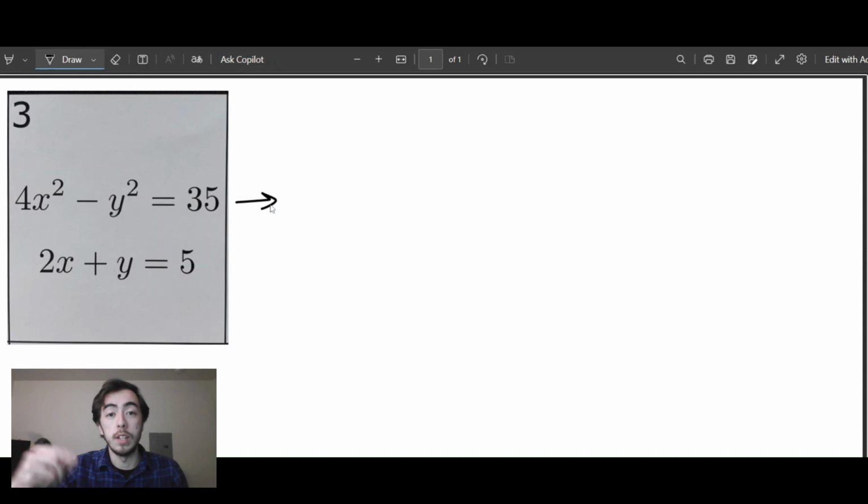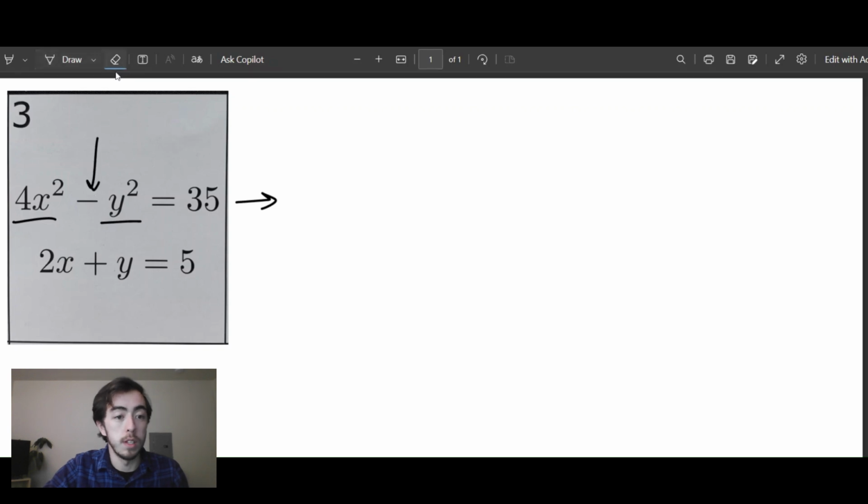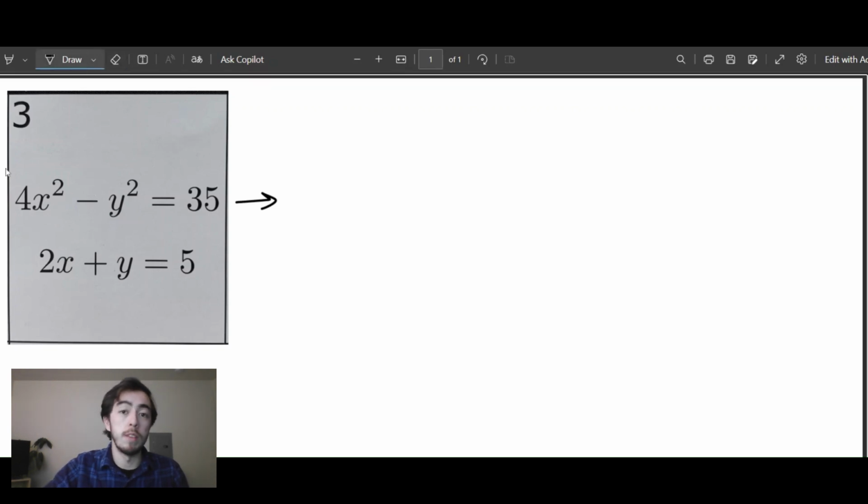I see something called a difference of squares. Whenever you have two square numbers and they're being subtracted from each other, there is a way to factor them. I know it's going to be 2x minus y and then 2x plus y.